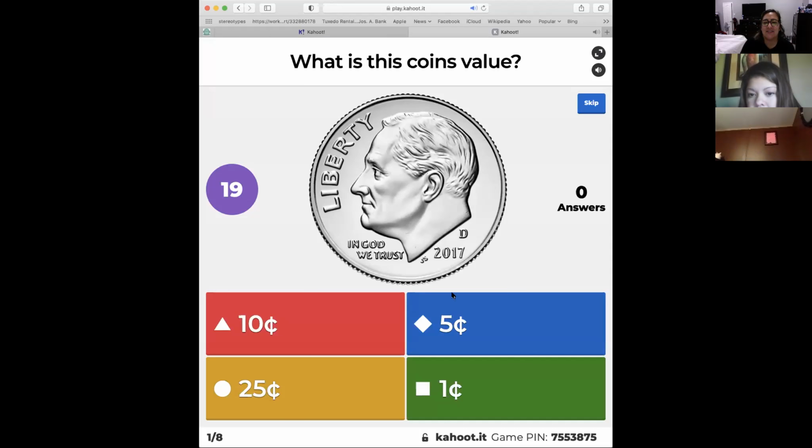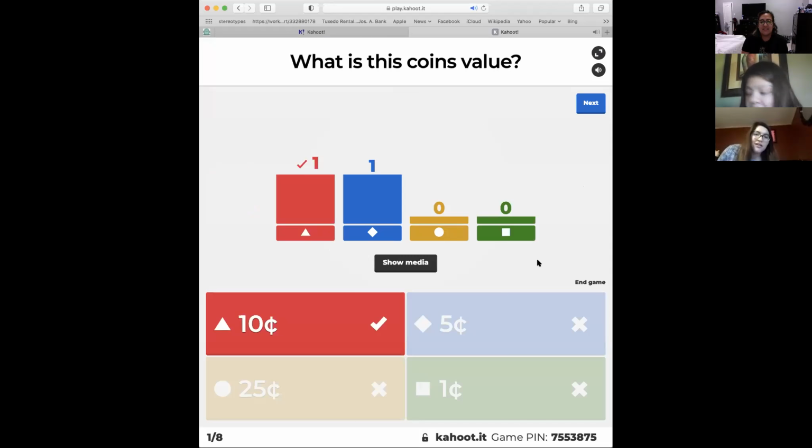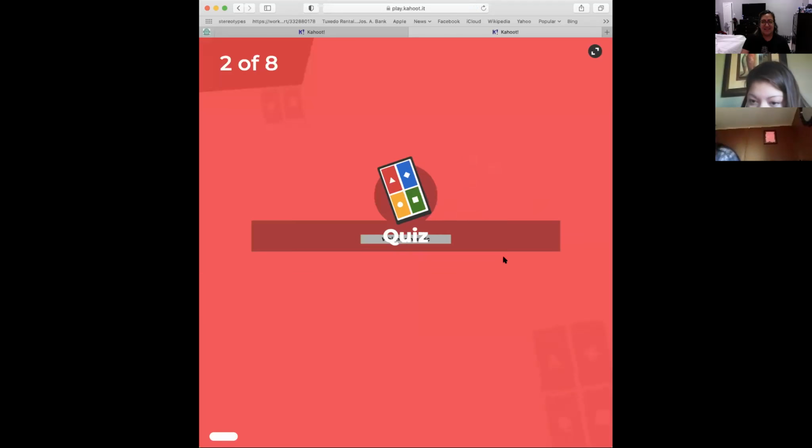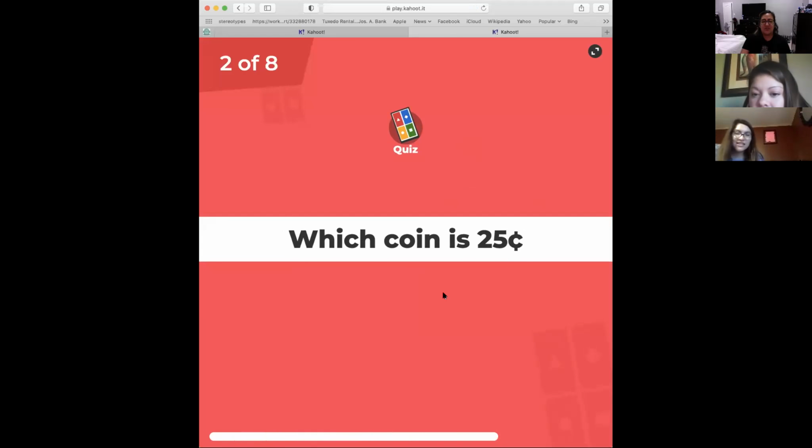So what is this coin's value? Red is 10 cents, orange is 25 cents, blue is 5 cents. Which coin is 25 cents?